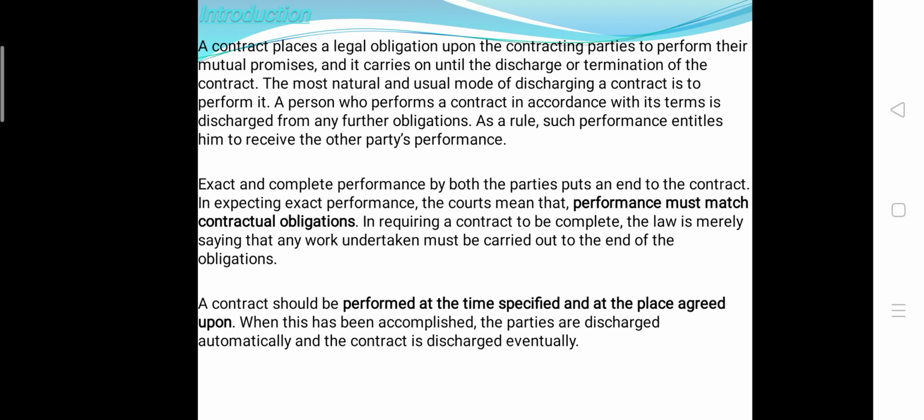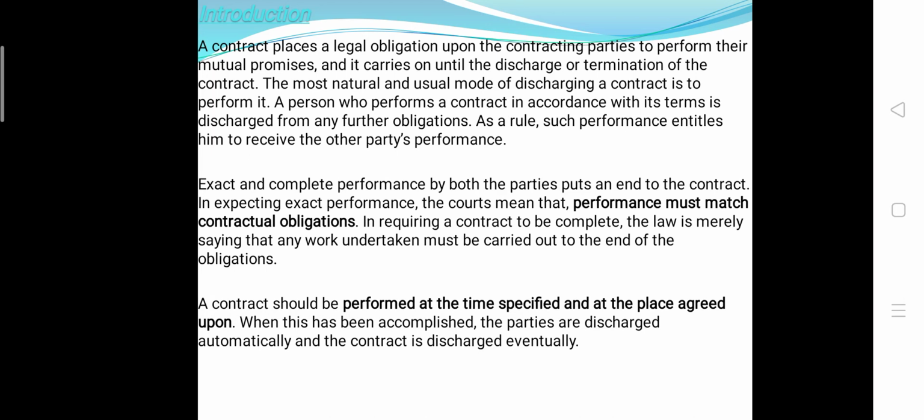A person who performs a contract in accordance with its terms is discharged from any further obligations. As a rule, such performance entitles him to receive the other party's performance. Exact and complete performance by both the parties puts an end to the contract.